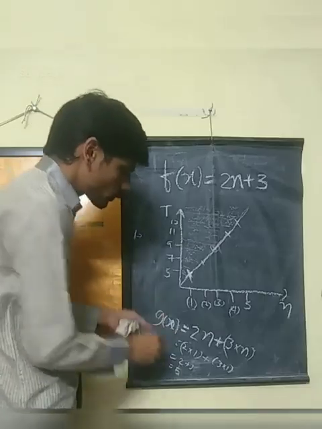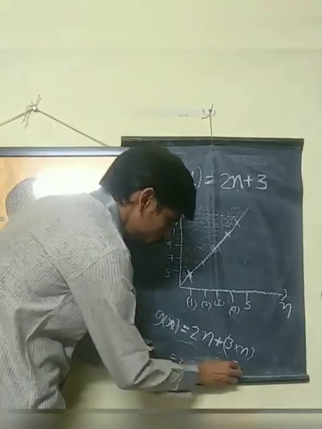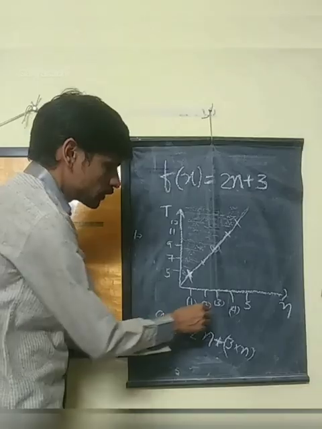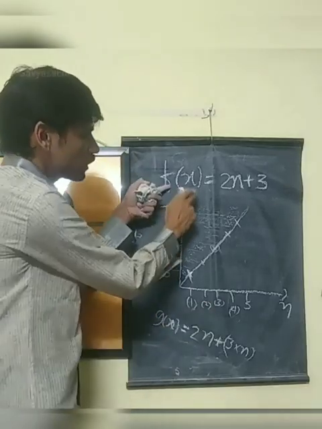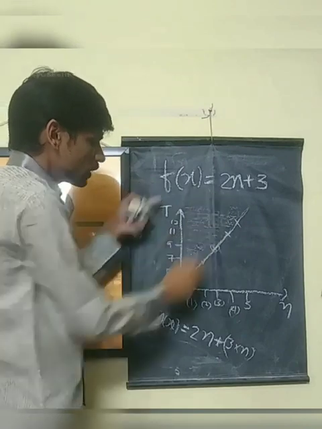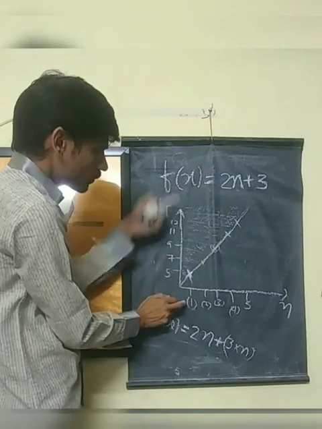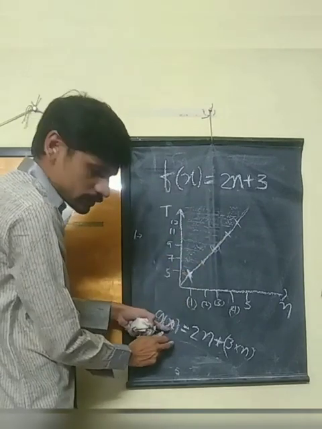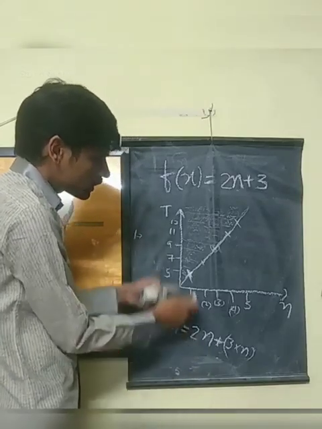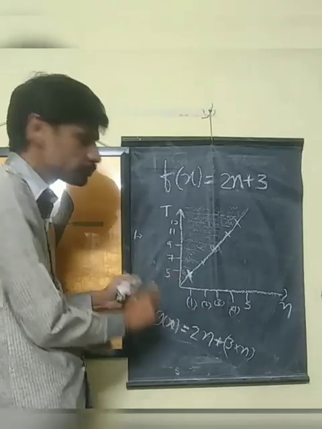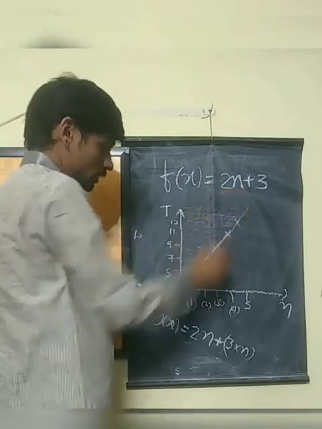Now we will pass the next input, 2. Understood, right? Initially when we passed 1, what value did I get? For f of x, 5. Same way, if I pass 1 here, I am also getting the same value, 5.